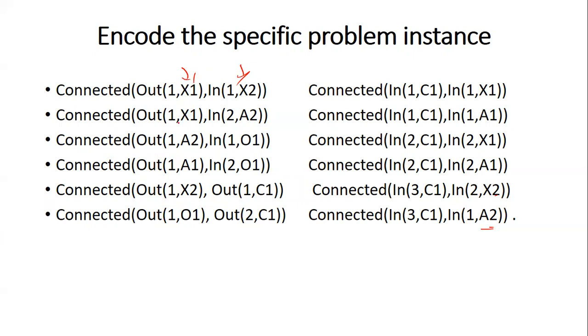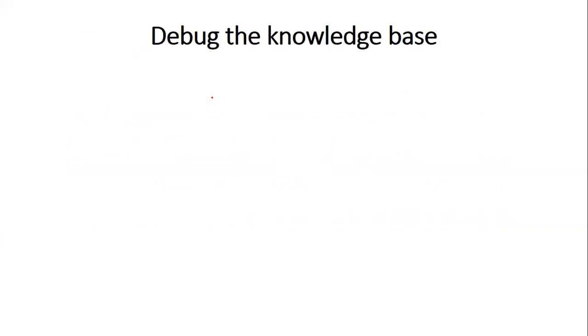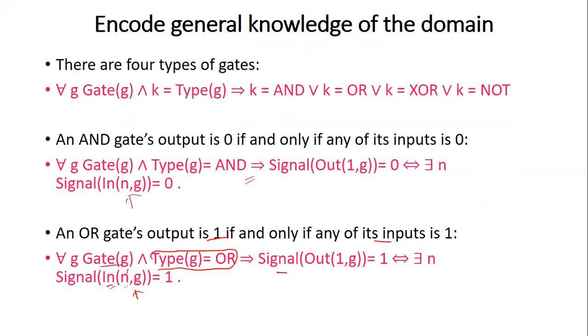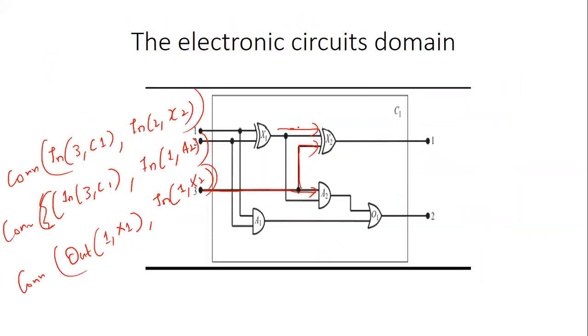Next, the first output of X1 also goes to A2. If you see here, the first output of X1 also goes as the second input of A2. So that is like what? The first output of X2 is nothing but the second input of A2. So this is connected, right? Okay. Then what else?